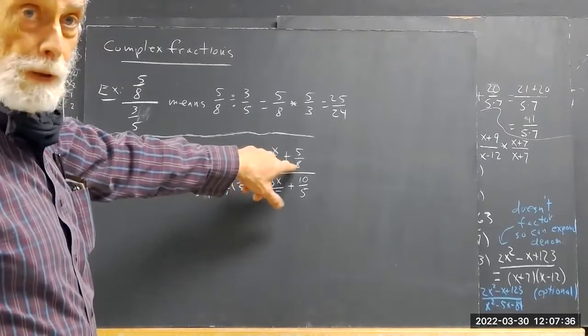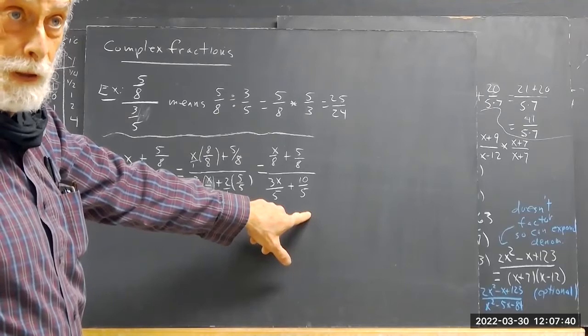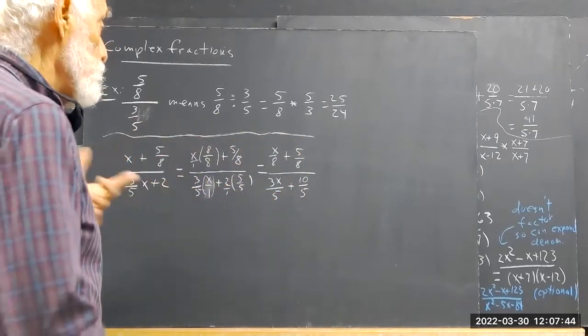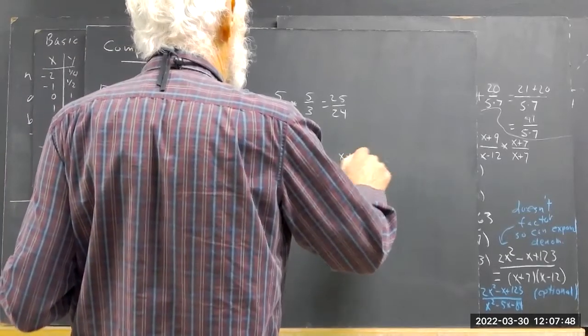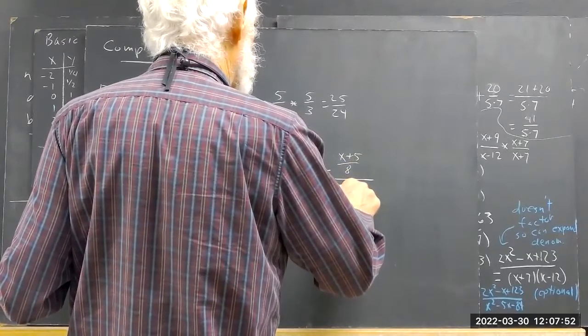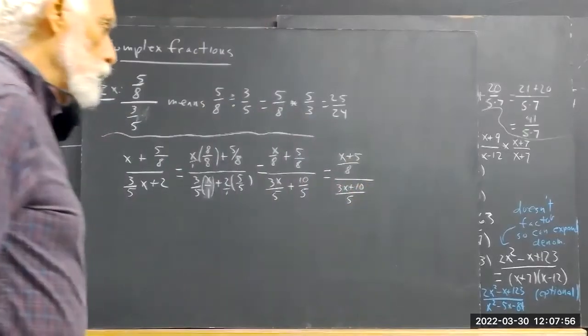So now my numerator has common denominator 8 and my denominator has common denominator 5, right? And I work these out separately. So now I see that my numerator is just x plus 5 over 8 divided by 3x plus 10 over 5.